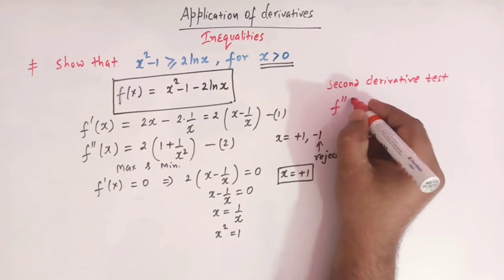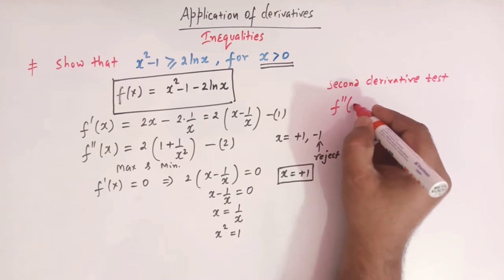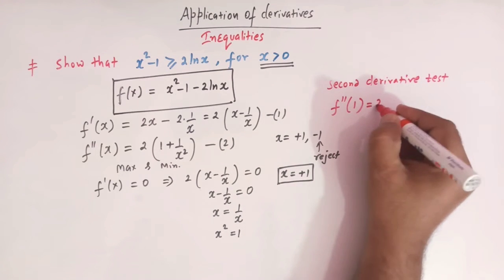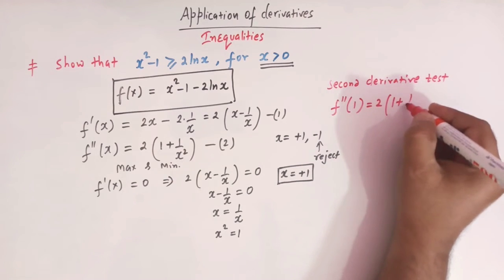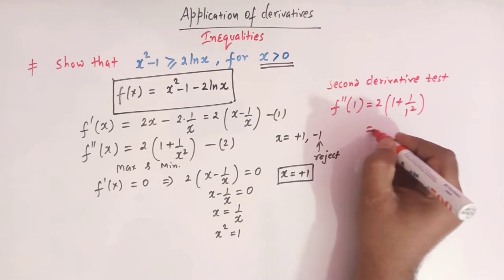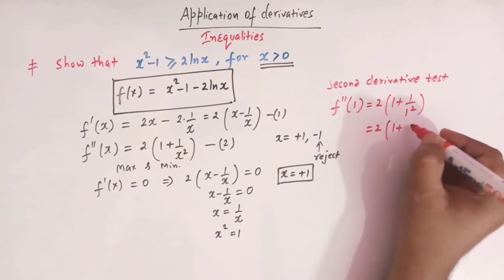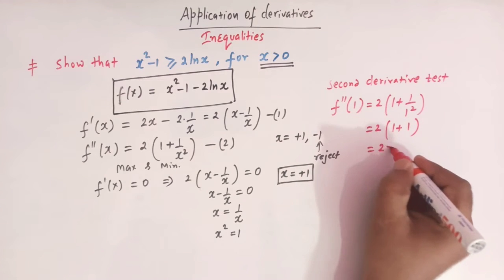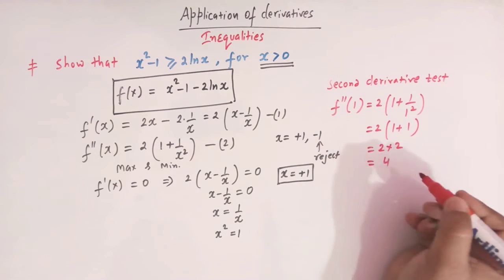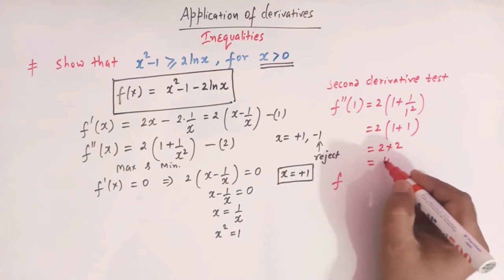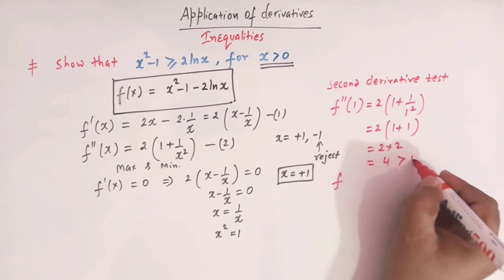So f double prime of 1, that is x equal to plus 1, we'll get 2 times 1 plus 1 over 1 square, right? Here 1 over 1 square is 1, so we have 2 times 2, that is 4, right? So we have got plus 4, that is greater than 0.